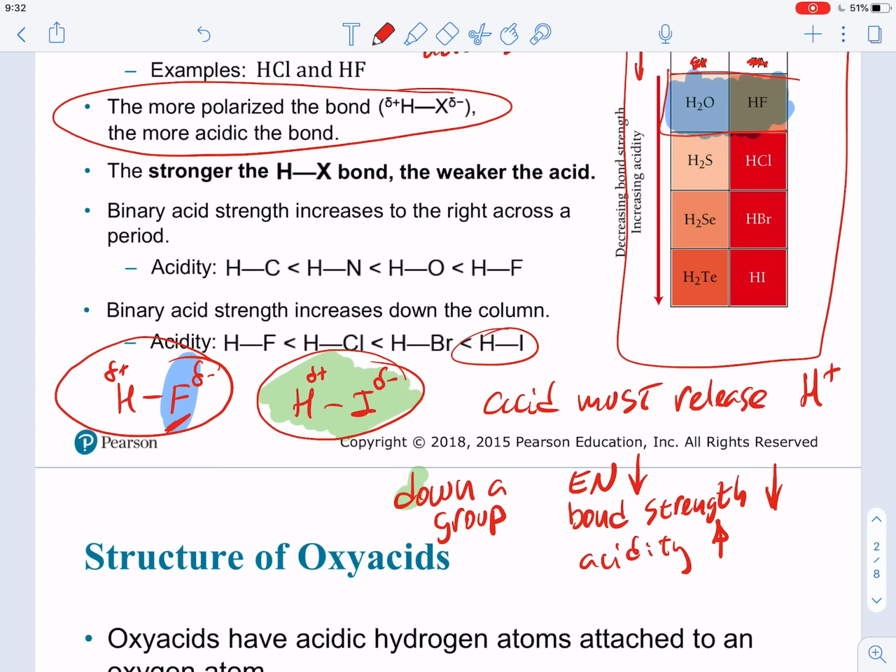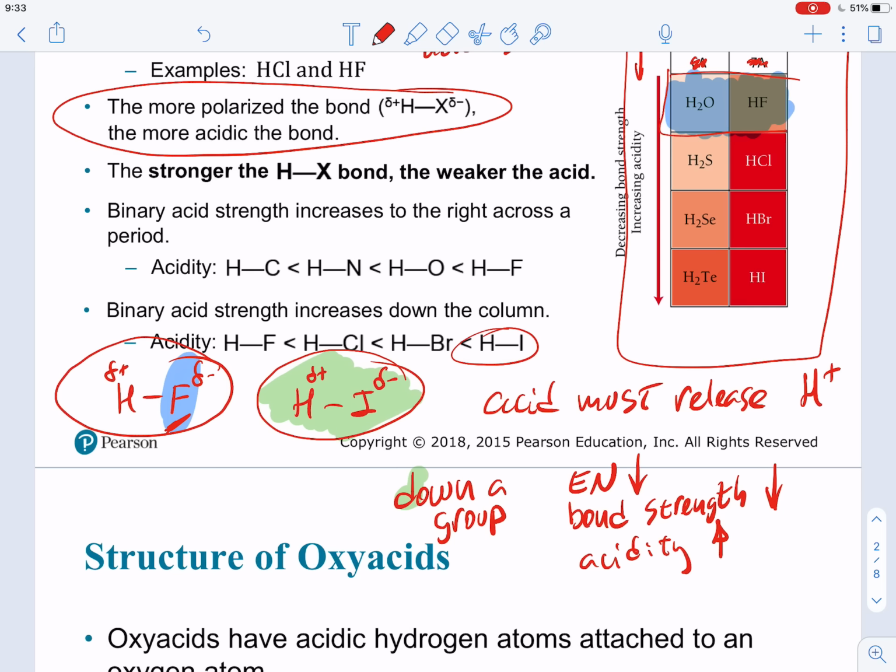Okay, so if you are in the same period and you're comparing bond polarities, the more polarized bond will give you a stronger acid, but if you are going down a group, that bond actually becomes weaker and weaker and weaker, but making a hydrogen non-metal bond weaker means you are making it a stronger acid. Okay, so do not think that you need a strong bond to be a strong acid.